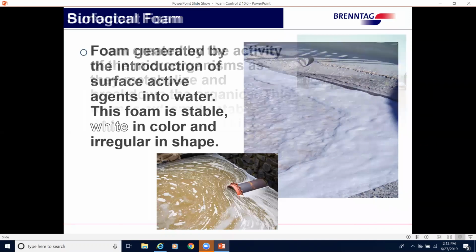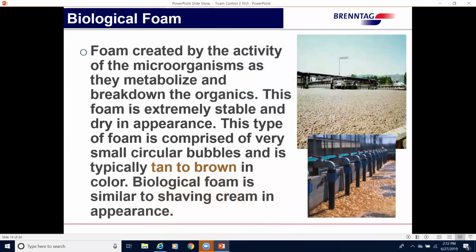Moving into the next slide here is another example, and this is more so the biological foam. Just like the white foam in the previous slide, on this one we see tan or brown colored foam in the picture off to the right.